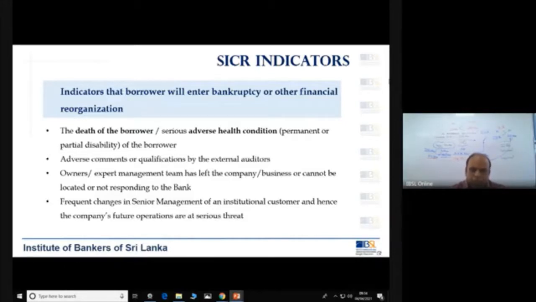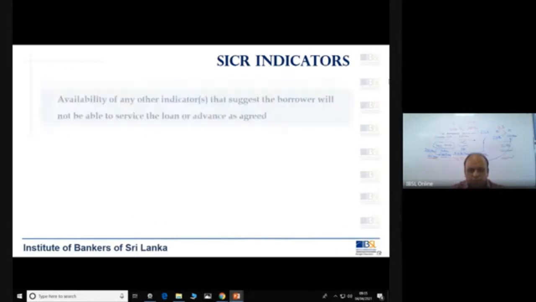He's unable to work, or he's unable to run his business, which means that's a serious issue for you to recover the loan. Okay. So what I have given here is what are the probabilities or possibilities that the customer might get into trouble and not pay your loan. Okay.